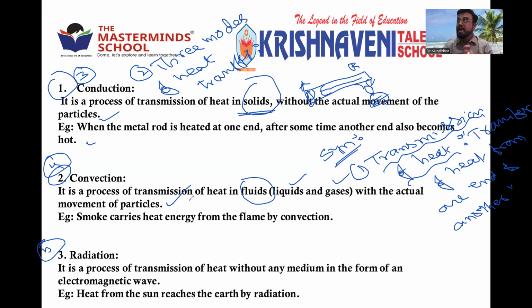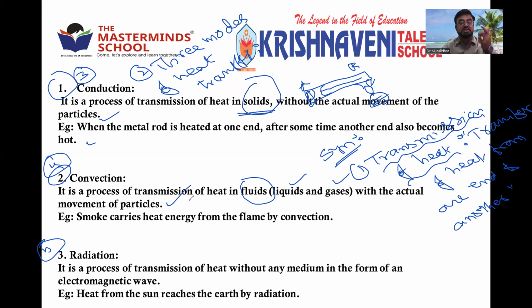So when you are heating either water or a gas, what happens here? Because their particles are apart from each other in liquids and gases, they start moving and they transmit the heat from bottom to top. Such a method of transfer of heat with actual movement of the particles.